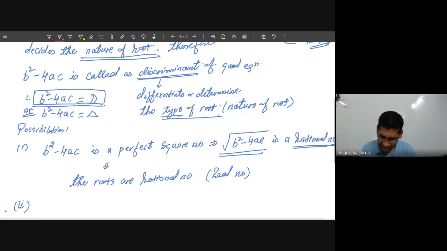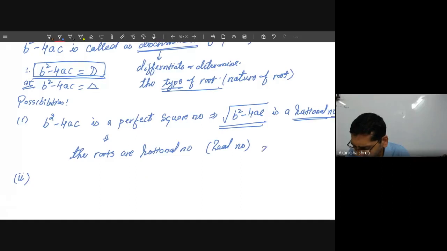So while denoting b square minus 4ac by D, how do the roots become? The roots become simply x equals minus b plus or minus root of D, all by 2a. Keep in mind, a square root is not taken for D. D is only for the internal term, that is b square minus 4ac.